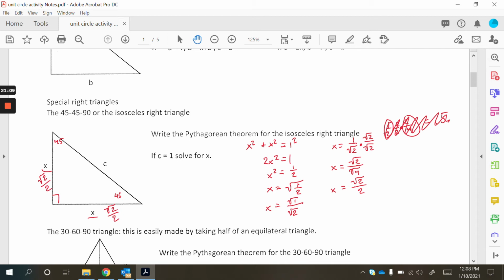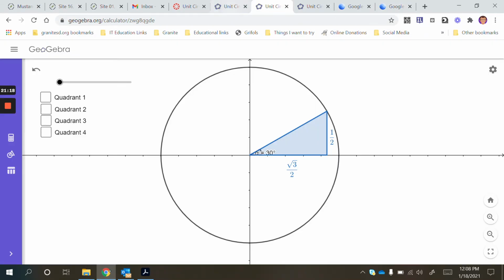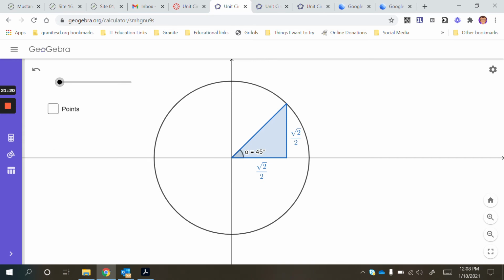So we know that in this 45, the side lengths are square root 2 over 2, square root 2 over 2. So let's try to look at how that helps us with the unit circle. Okay, so here we go. I've got a unit circle made up here. Notice my angle is a 45, my two side lengths, square root 2 over 2.